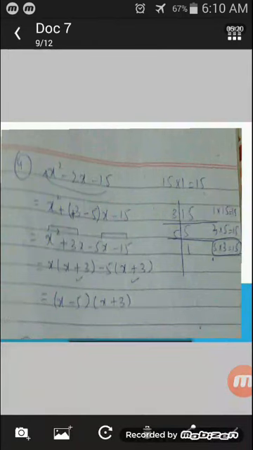You take two numbers whose product is 15, and when you subtract the two numbers, the result will be 2. So 5 minus 3 is equal to 2. So x square plus 3 minus 5 into x minus 15.